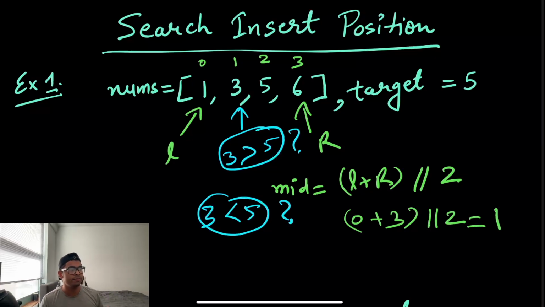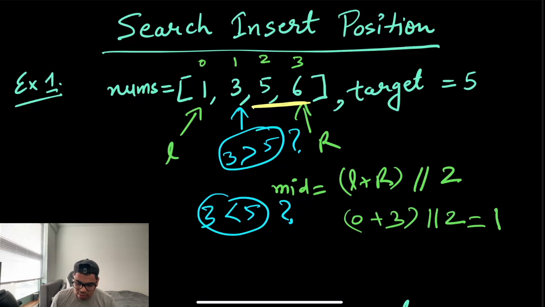Based on these two conditions, we decide if we want to start searching for our target in the left half or the right half. Here 3 is smaller than 5, which means my 5 will appear in the right half of the array. So it should be present over here.